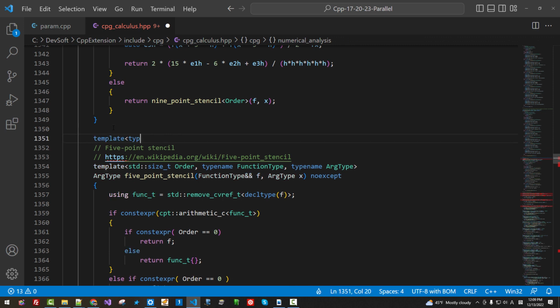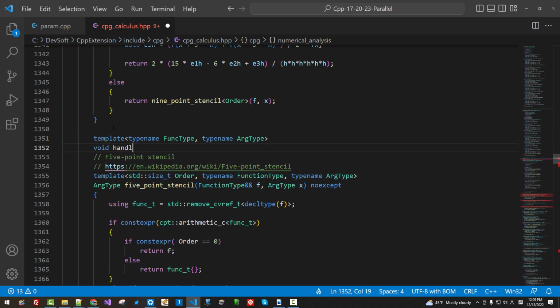Template, typename arg type. Void handle non-inf. Type f, arg type x or n, arg type h.